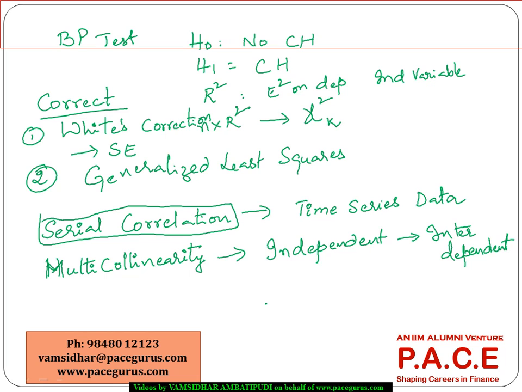If the standard errors are increasing, we know the t value will go down, and it may come within the limits of plus or minus the critical value, which means I may not be able to reject the null hypothesis. Failing to reject the null hypothesis when it has to be rejected is a case of type 2 error.